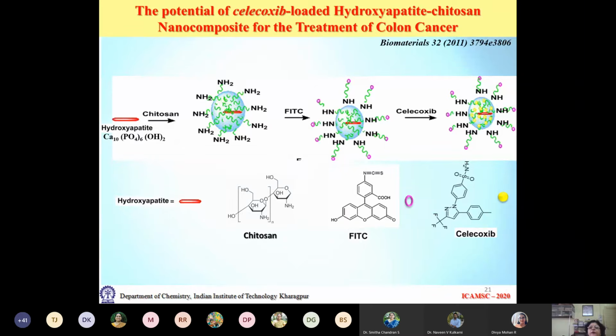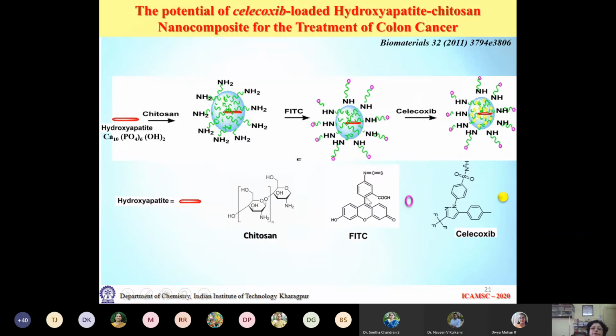Then finally you enclose the drug, and you have a moiety like this. The drug is enclosed here. Over that you have this functionalization, and then you have the moiety which is going to show you the fluorescence.